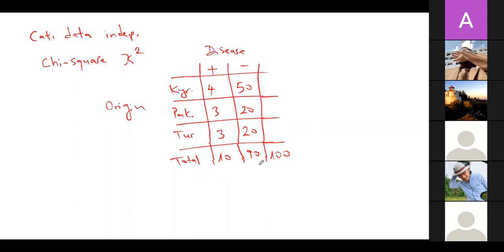That would be the expected value. So in chi-square, you have the observed and expected values.